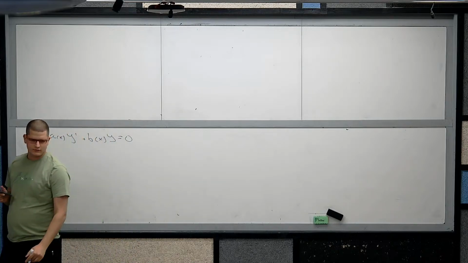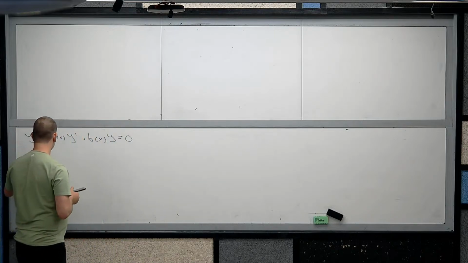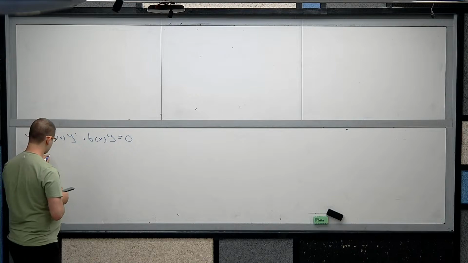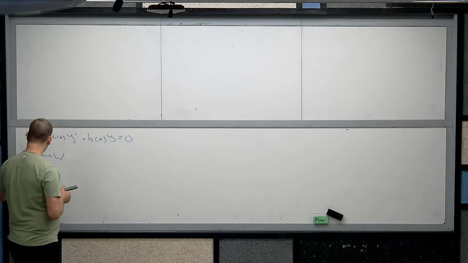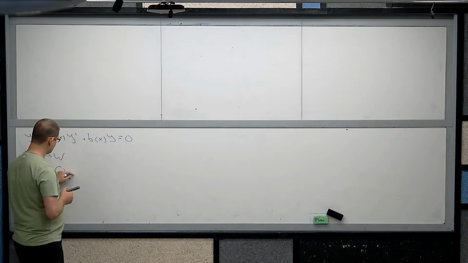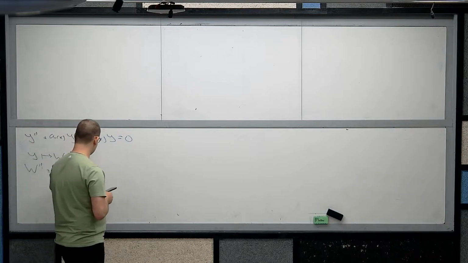We want to do some transformation from y to w, and w will have the form w double prime equal to q of x times w.